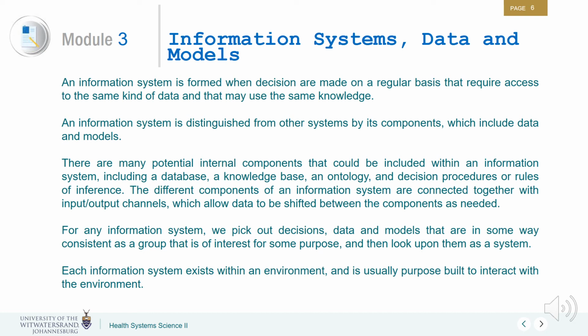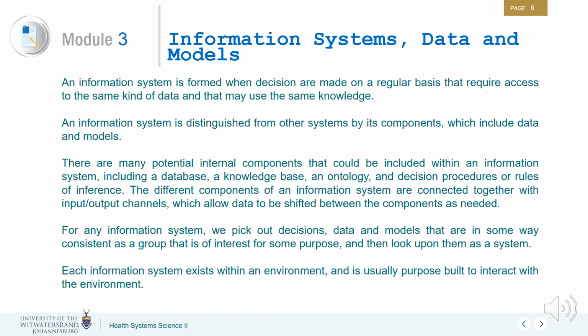So an information system could be the way, for example, that a triage nurse will be assessing patients on arrival in an emergency department. They will have a triage scale that will be used every single time a person walks into an emergency department. And the same processes will be followed.